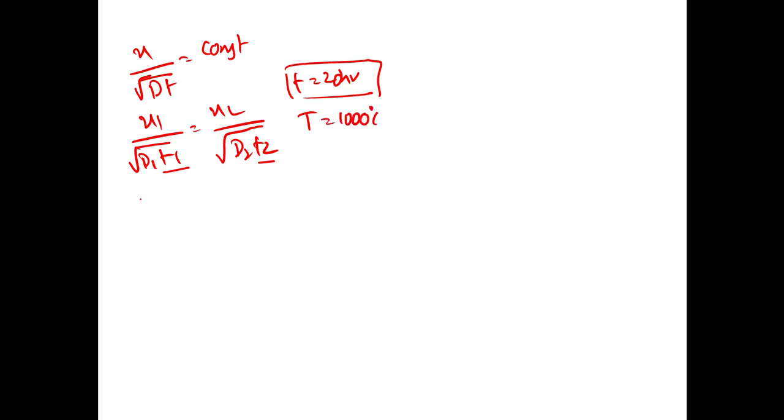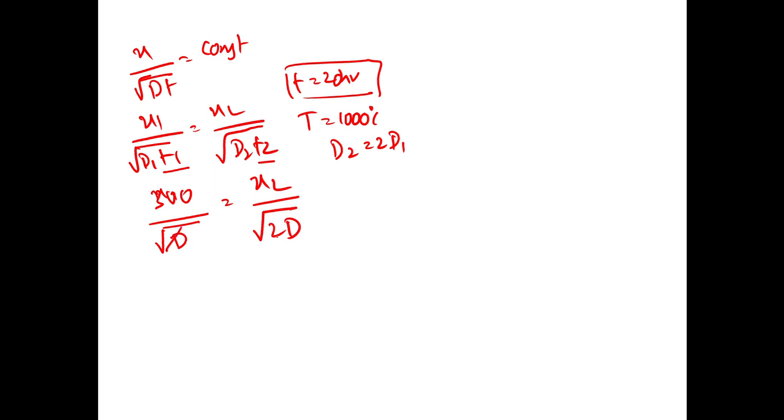So the diffusivity value is increased, it's a hypothetical diffusion couple. x1 is 300. Consider D as the D1 value. The D2 value is 2 times D1, so it is 2D. We need to determine x2 for 2 times the D value.